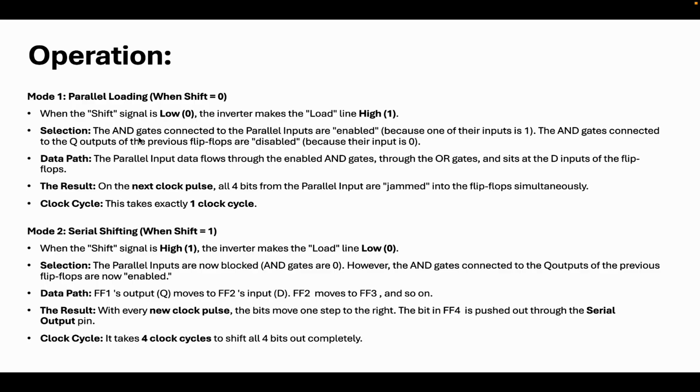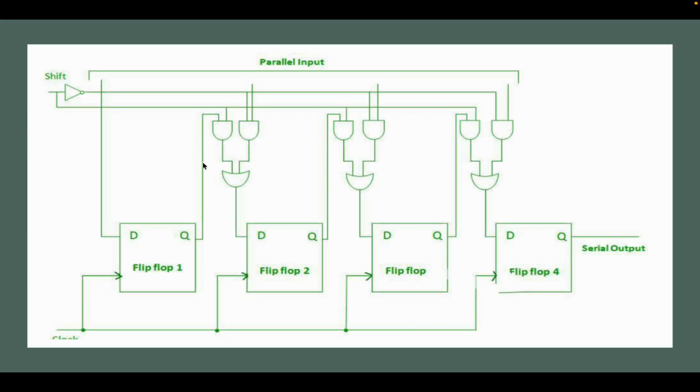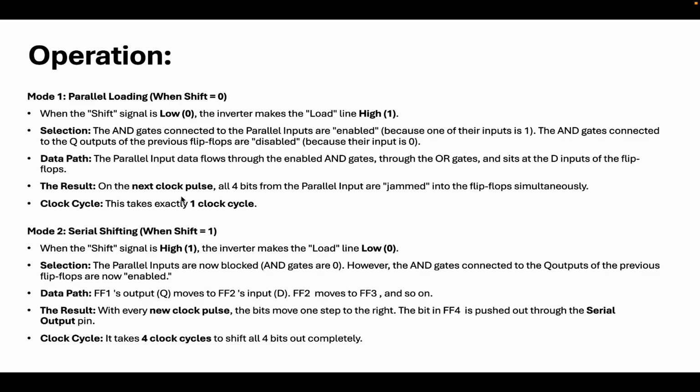So that is what we say here. The AND gates connected to the parallel inputs are enabled, and the AND gates connected to the Q outputs of the previous flip-flops are disabled. So this gets disconnected. This takes only 1 clock cycle because we are giving it parallelly in.